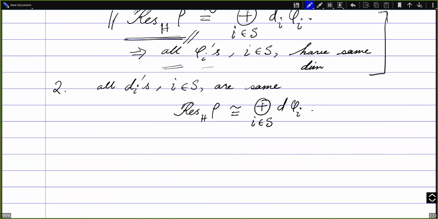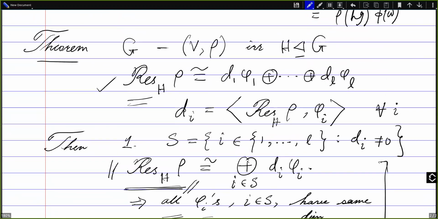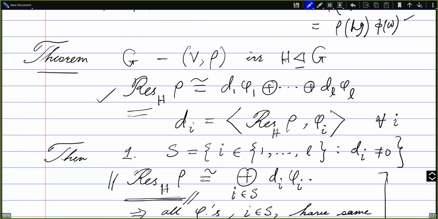So now let's prove that. What I was saying is that the advantage of Clifford's theorem is that when we restrict the representation to a normal subgroup, then the number of choices is basically limited.